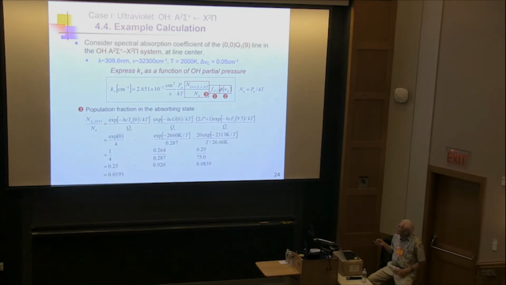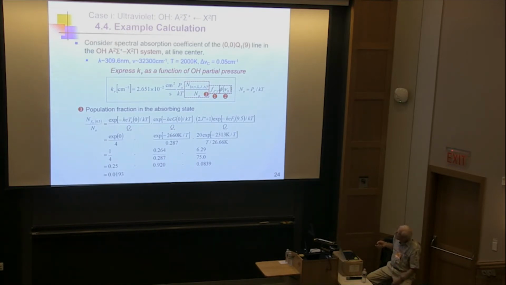Now, I have to put in the partition function, I have to put in the Boltzmann fraction. Step 3 is the one where there are a lot of terms, but when you're all through, there's just a simple 1/4 here, which is the splitting. So a given J goes to 4 possible N and lambda doubling cases.